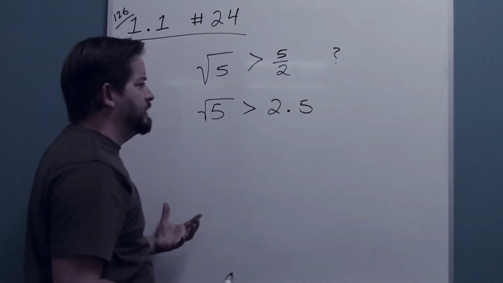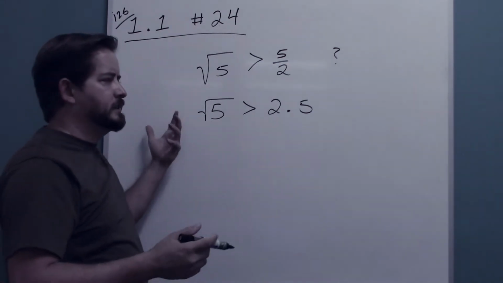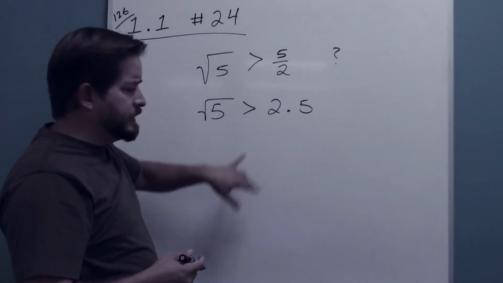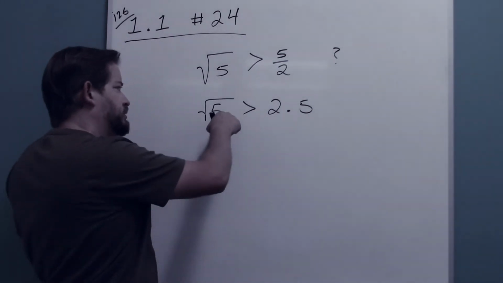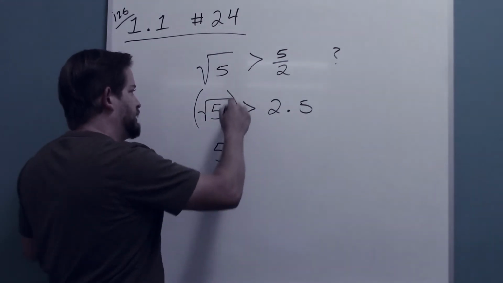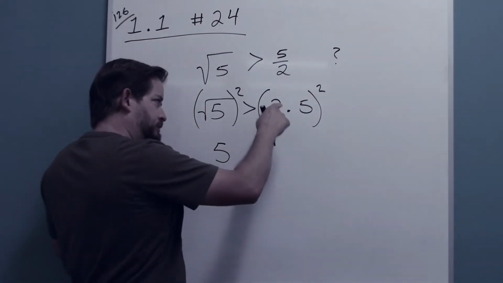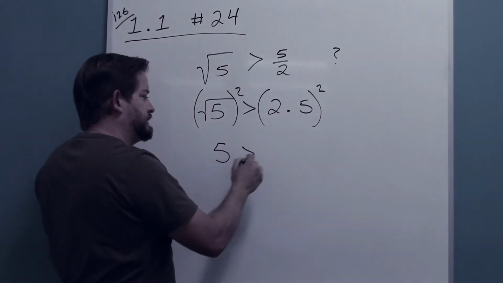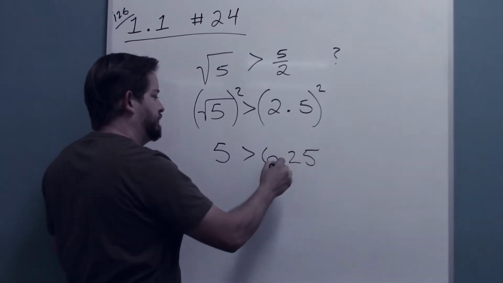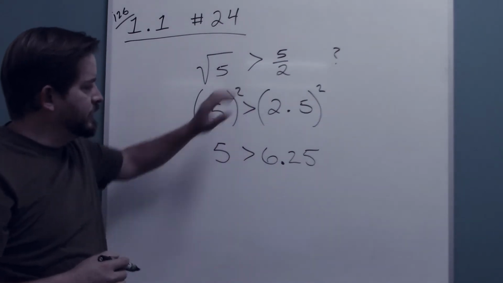I'll do the same thing here. I can either throw root 5 into a calculator and get something like 2.2, I don't know what it is, or I can square both sides. The square of a square root gives me 5. But 2.5 squared is 6.25. This is false, therefore this was false.